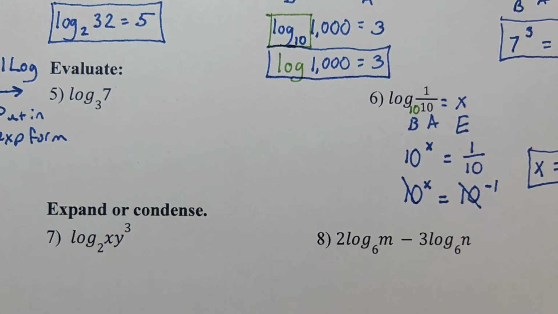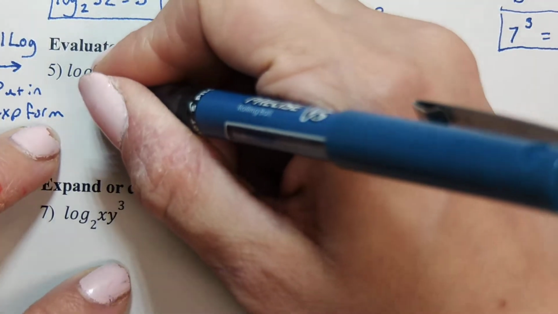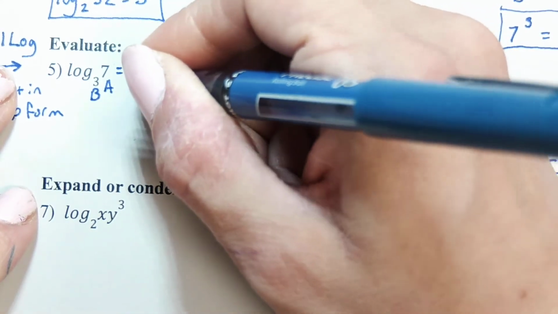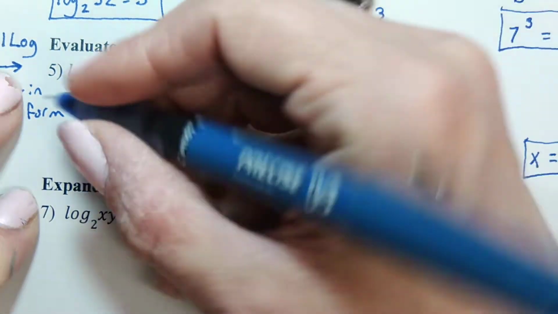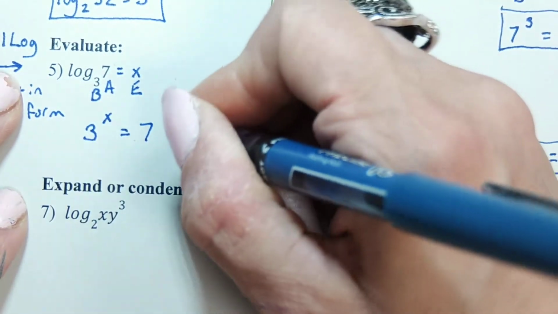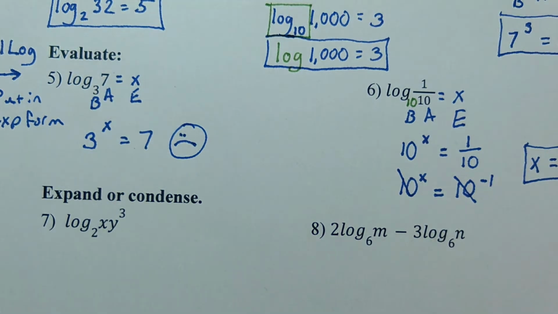So the change of base formula is important for a problem like this, because if I put this one in exponential form, we get 3 to the x equals 7. Why does that make me ever so sad? Well, 3 to the first is 3. 3 to the second is 9.